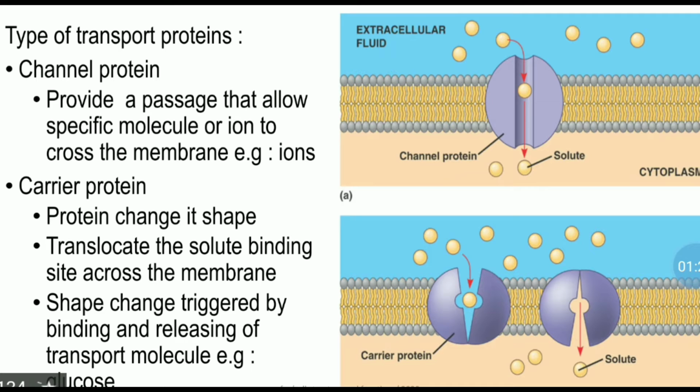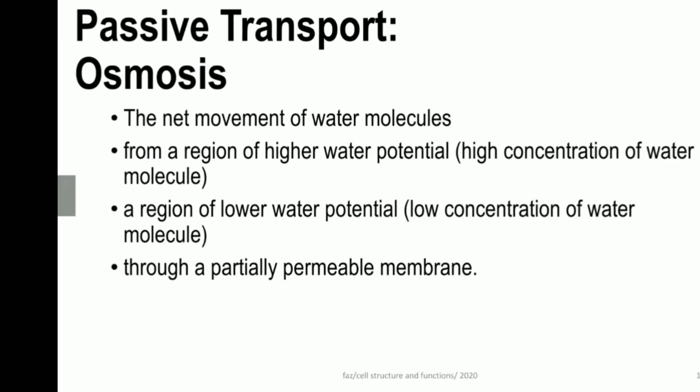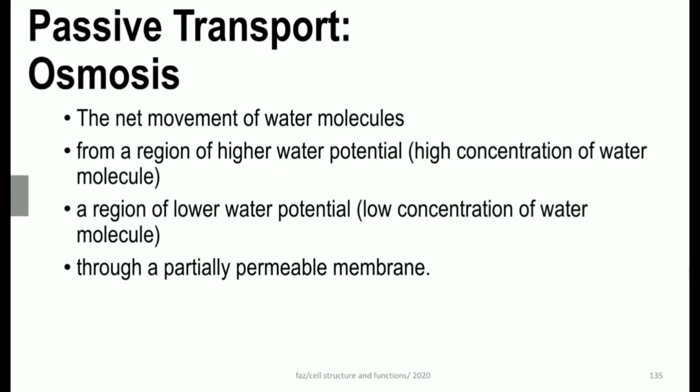Once the glucose binds to the binding site of the carrier protein, it will trigger the change in the protein's shape. Therefore, it will lead to the release of the glucose into the cytoplasm. This is the third type of passive transport, which is osmosis.